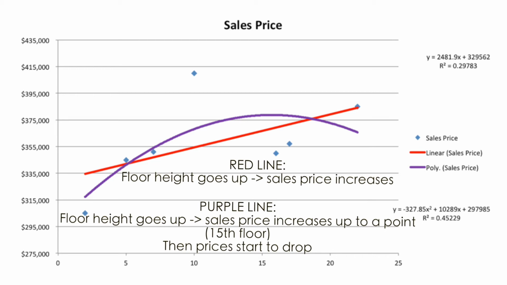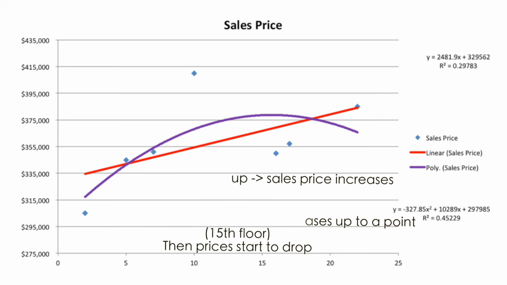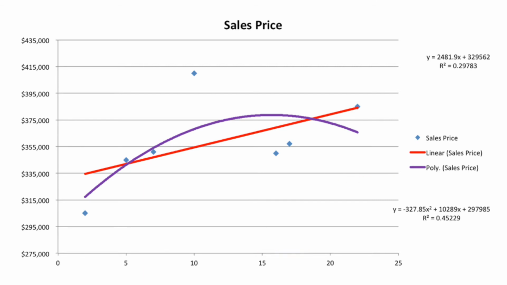This is a function of some people just don't like heights. They'll pay a premium to be on the 10th, 11th, 12th floor, but above that, they're not terribly interested. So what we have are these two lines, the red line, the purple line. We're going to use the purple line for the illustration here, simply because it's a little bit more reflective of what the market does.